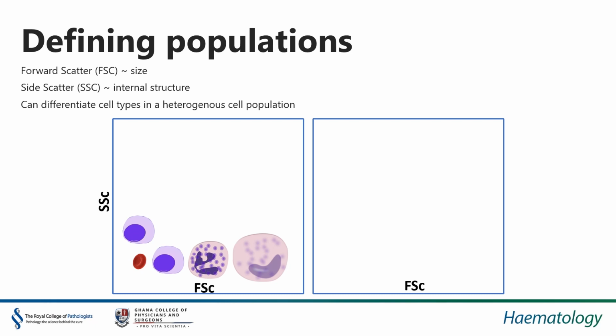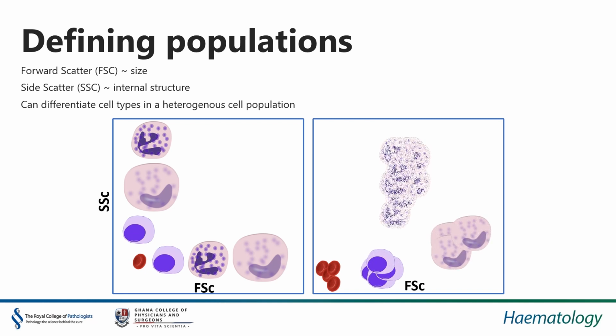We've then got the lymphocytes. Occasionally you might get some large granular lymphocytes, followed by your monocytes, with our neutrophils being the most granular of all. So if you plot one against the other, this is what you see on the right hand side here, and you can see that you've got cells that are increasing in size and increasing granularity.